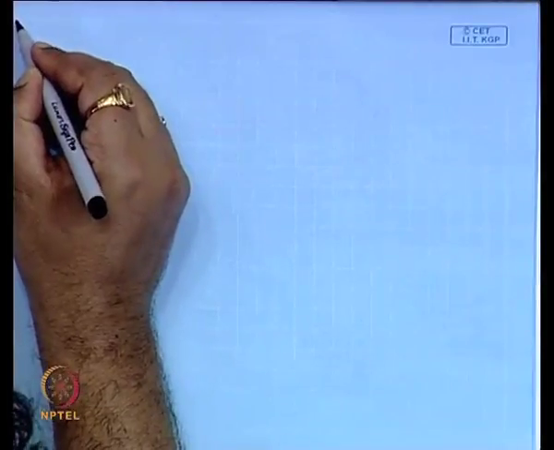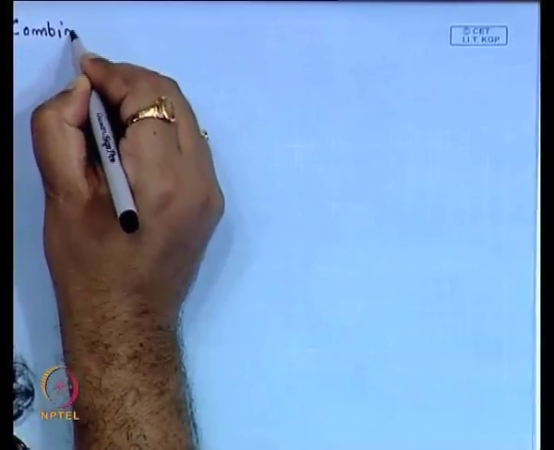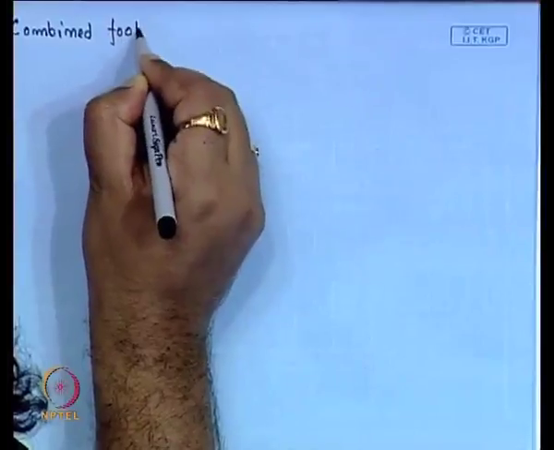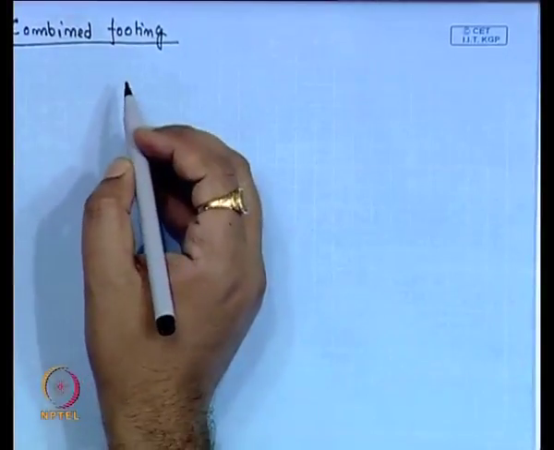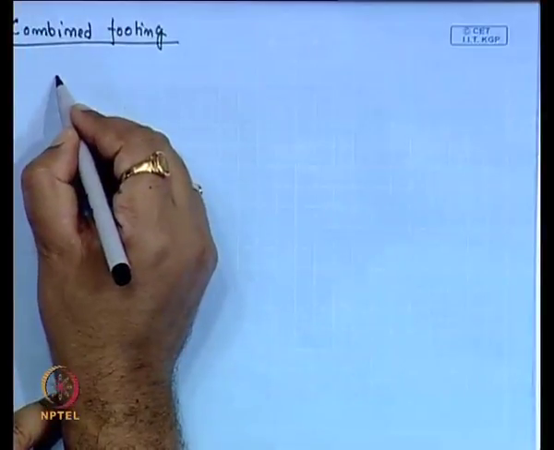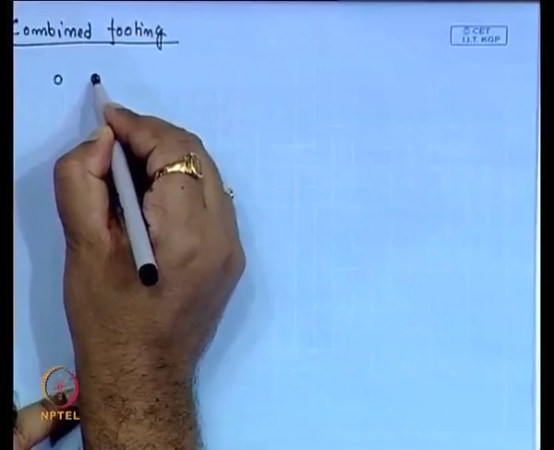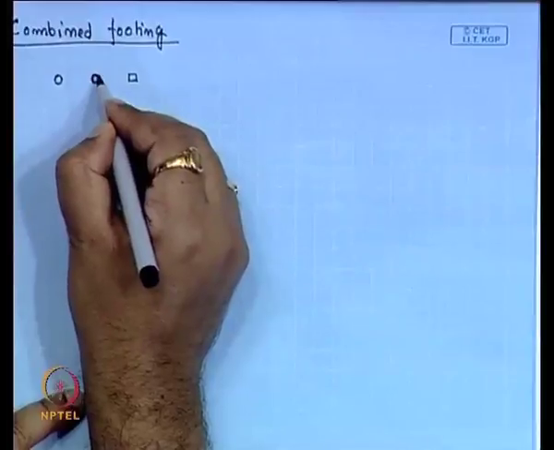Now, the combined footings. Last class I discussed the design of isolated footing. Here, suppose these are the column arrangements. So, these are the columns.